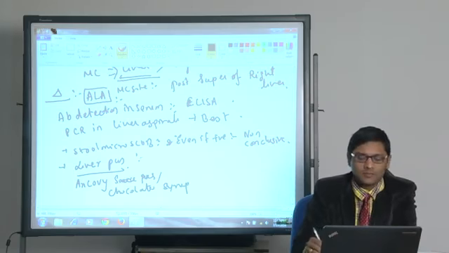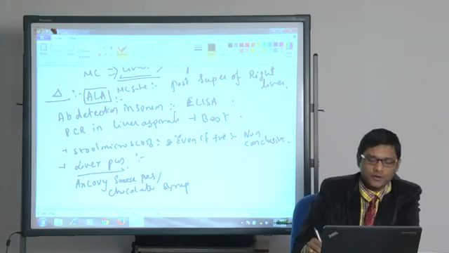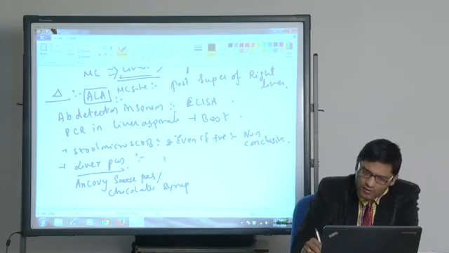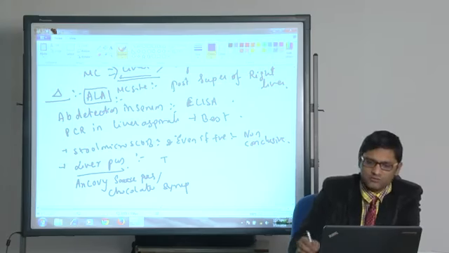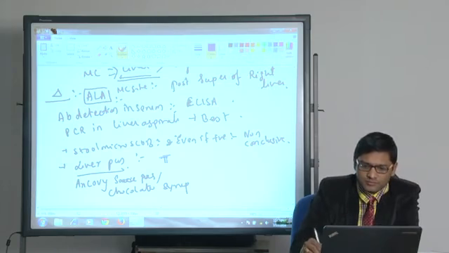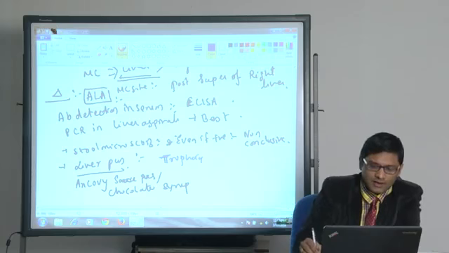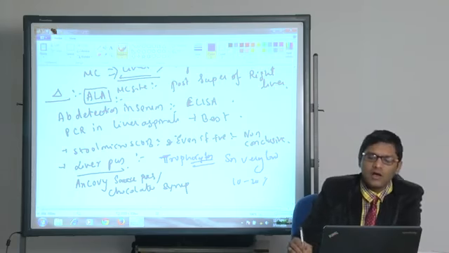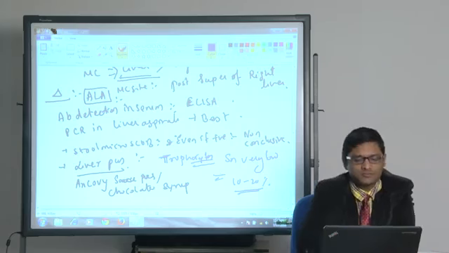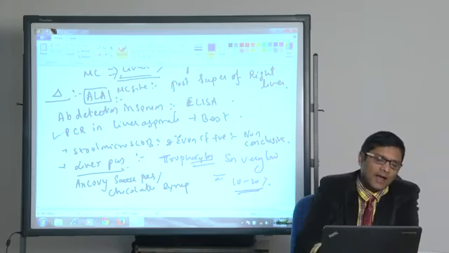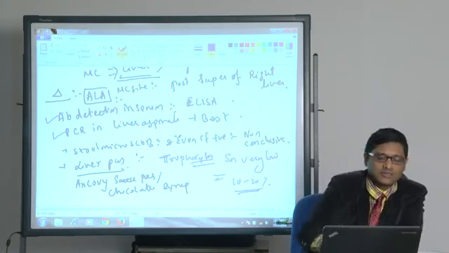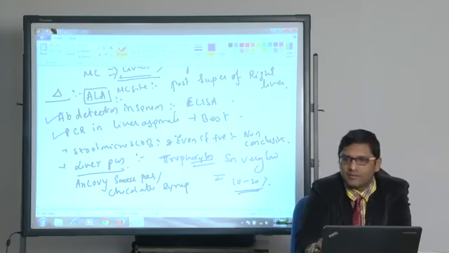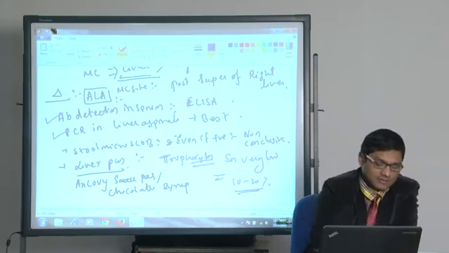If you do a microscopy of this pus, you may get trophozoites. Only trophozoites are seen, never cysts, but the sensitivity is very low, maybe 10 to 20%. So PCR and antibody detection in serum are the better methods for diagnosis of amoebic liver abscess.